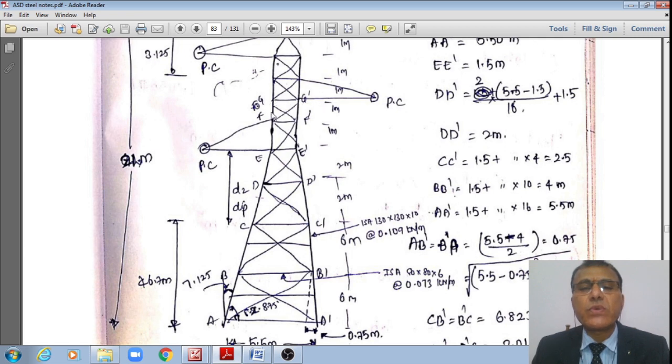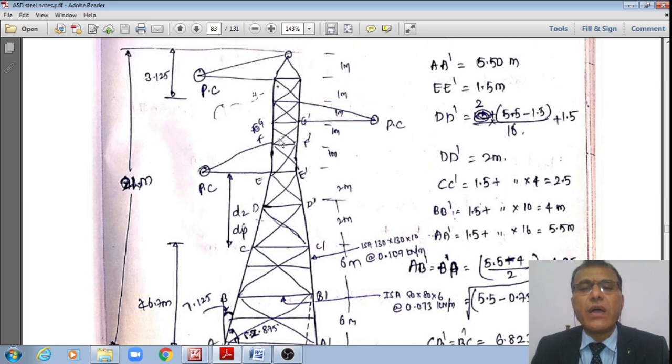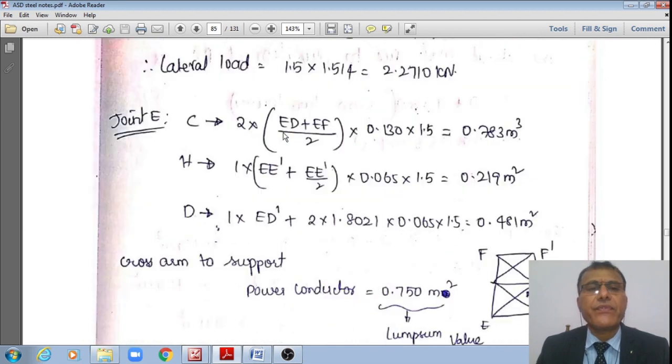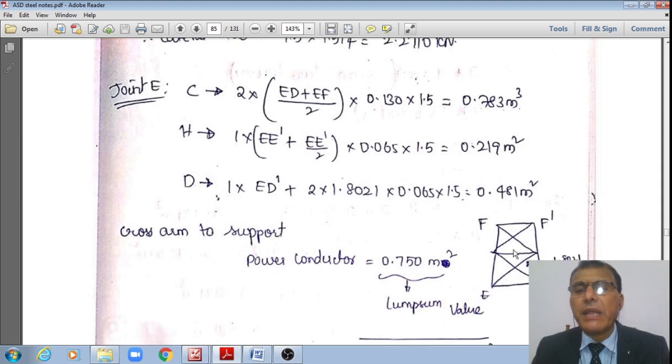Actually this is not GG, it is mistakenly written; this is actually FF, this is GG, this is H. Therefore half will go to this part. So there is EE prime plus half of this, EE prime by 2, and the remaining half will go to FF prime. Each of 65 mm multiplied by 1.5, it works out to 0.219 meter square.